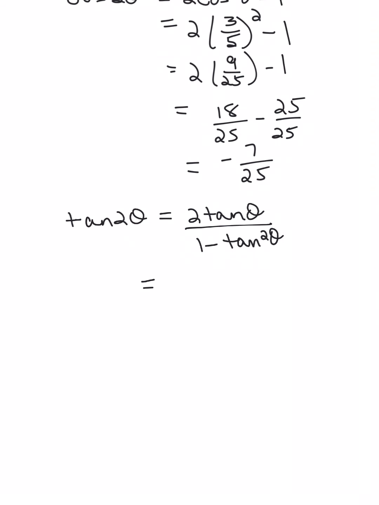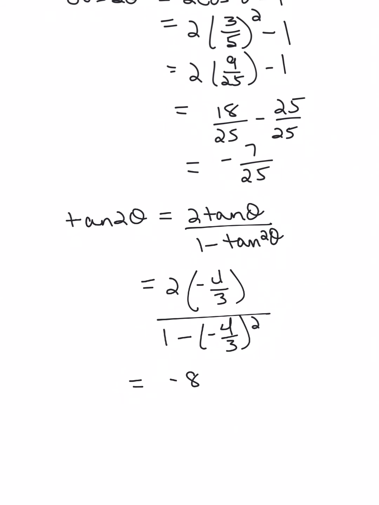So our numerator will be 2 times the tangent of our theta, which is going to be -4/3, over 1 minus -4/3 that we are squaring. So our numerator becomes -8/3. On our denominator, we will have 1 minus 16/9.